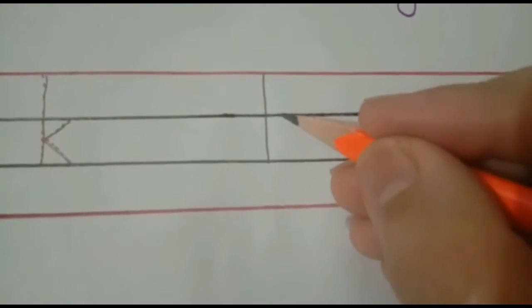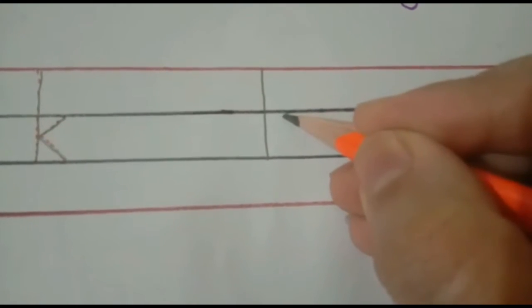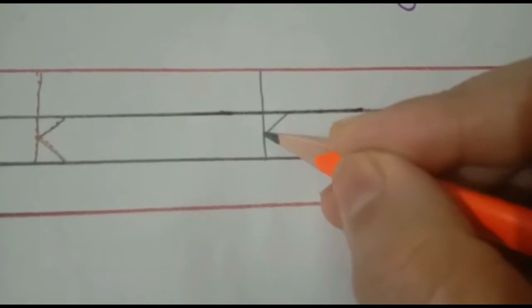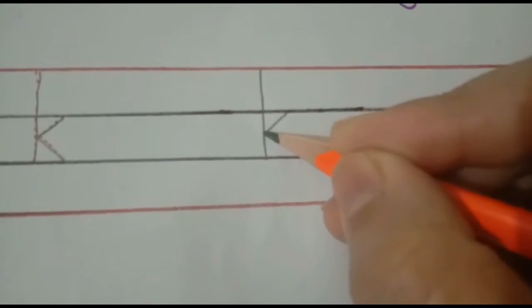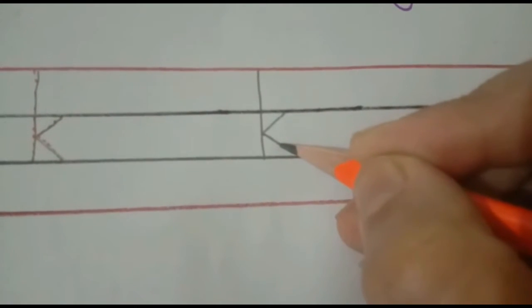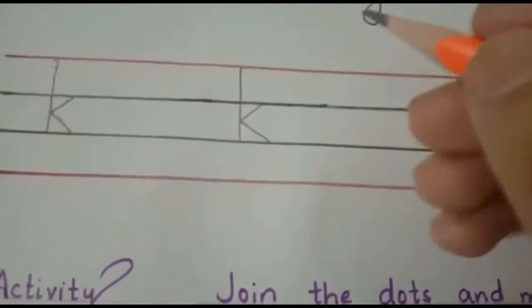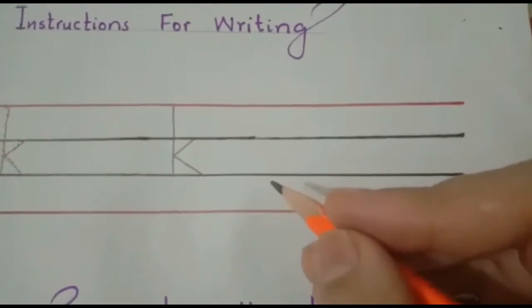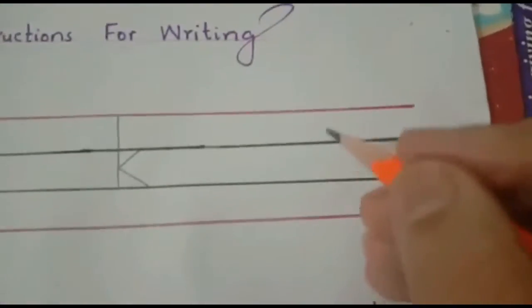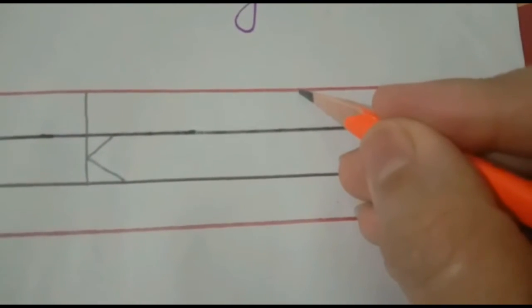For the next step, I will make a slant line from the middle line and touch this straight line, and again I will make a slant line like this and touch the base line. This is small k.